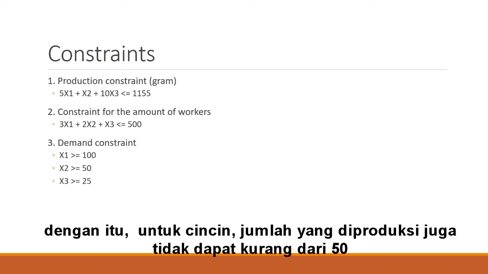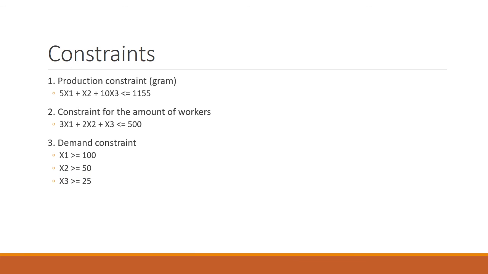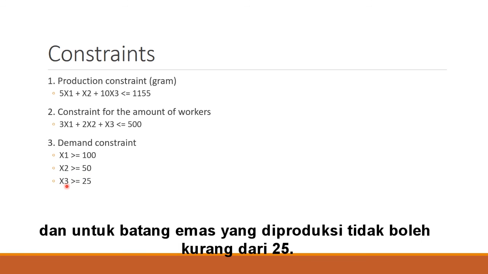By that logic, the number of rings produced should not be less than 50, and the minimum number of gold bars produced should be no less than 25.